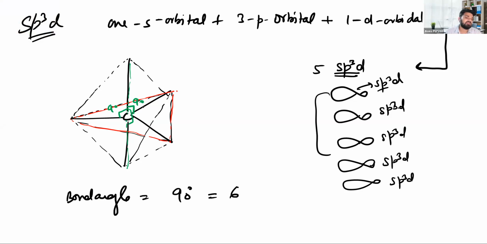And there will be 3 bond angles which are going to have 120°. So if I talk about 120°, there will be 3. And how many of them will be of 180°? 180° means that here in the plane, this is going to have 3 bonds.